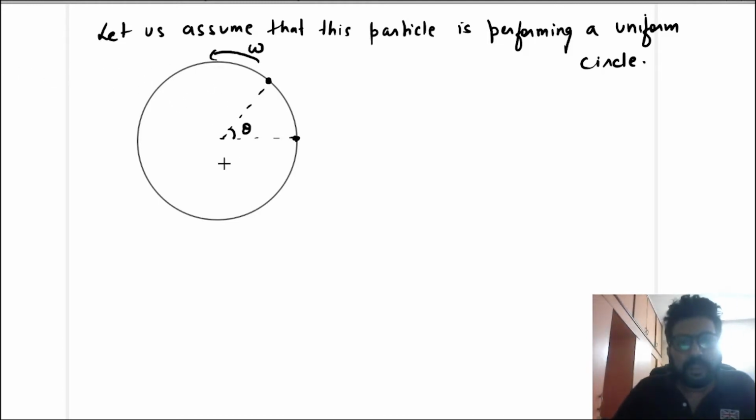Now you know that the radius vector is always perpendicular to velocity and velocity is always tangential or along the tangent, right?